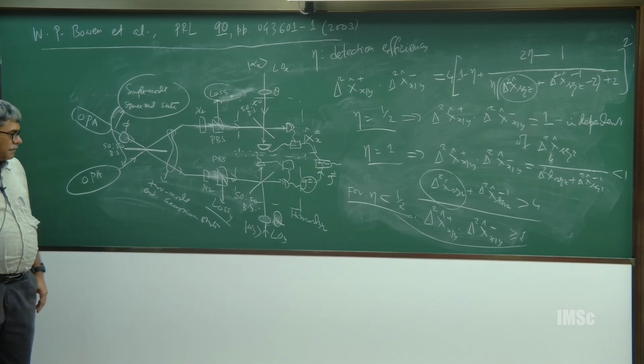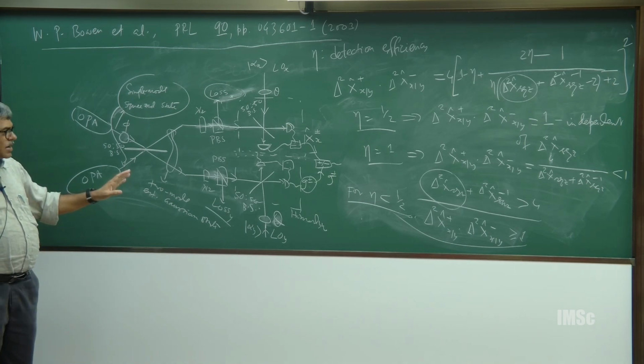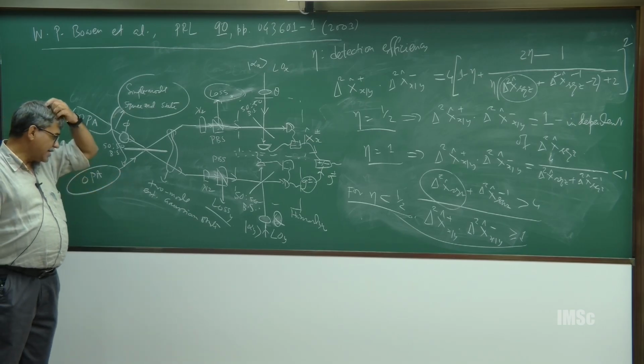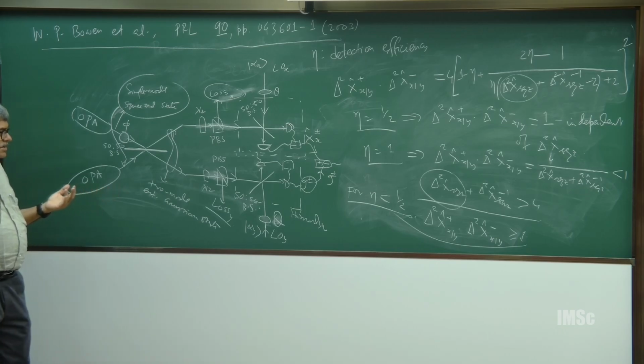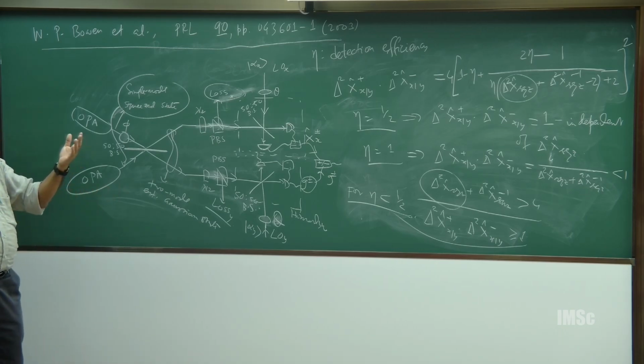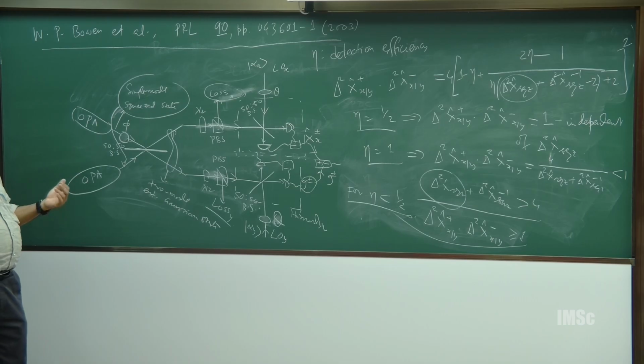Okay. So why I wanted to talk about this work is that first of all, it is an experimental realization of Duan's criteria. Secondly, it provides a kind of comparison between the EPR criteria and Duan's criteria.